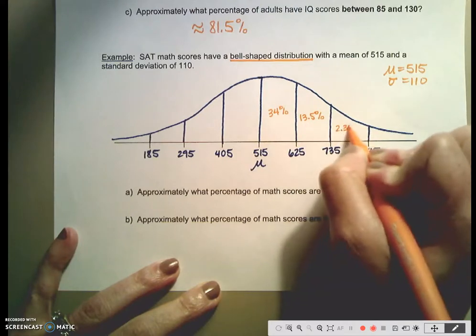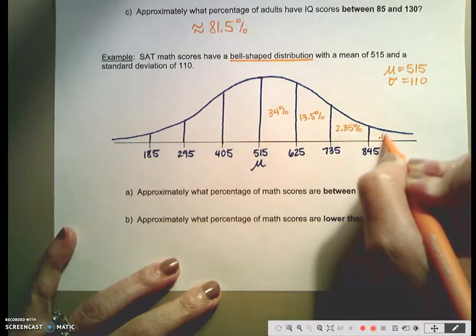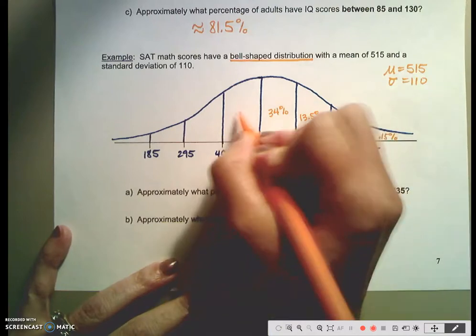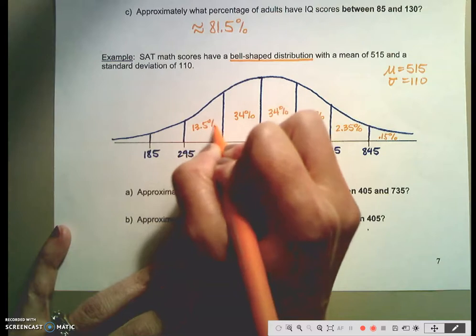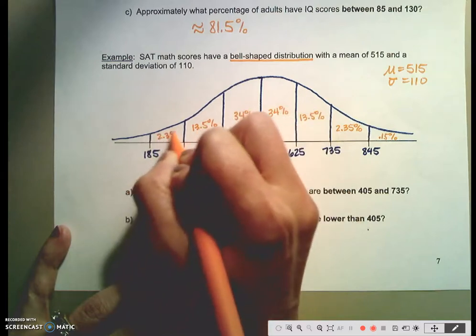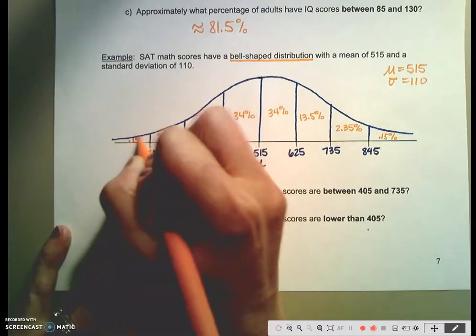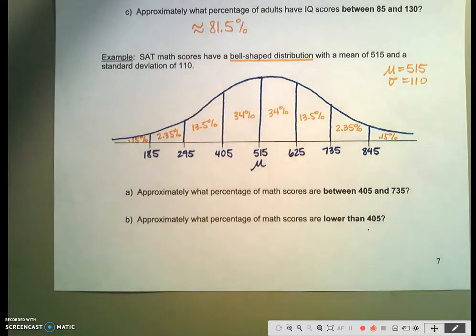I'm going to label my percents. And then you should be able to answer the questions.